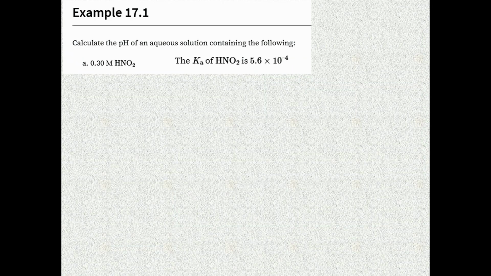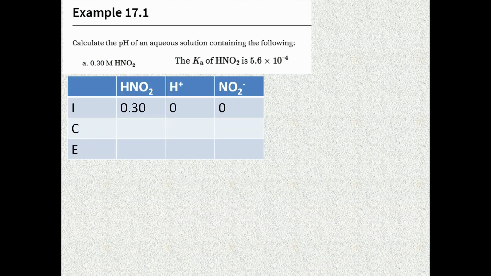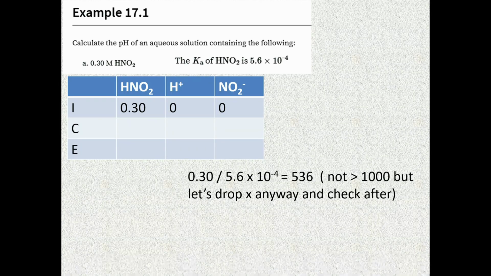So I have a 0.3 molar solution of nitrous acid. Its Ka is 5.6 times 10 to the minus 4. What's the pH? Well, I'm going to check to see if I can drop the X. It's not over 1,000, but it's 500 and something, so I'm going to go ahead and say, let's drop it and we can check later.